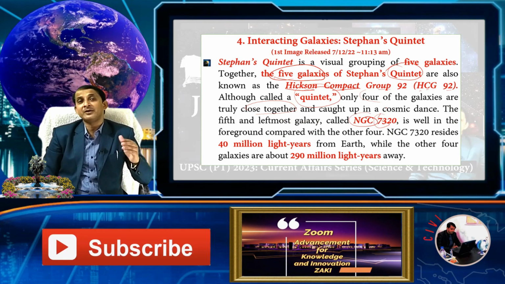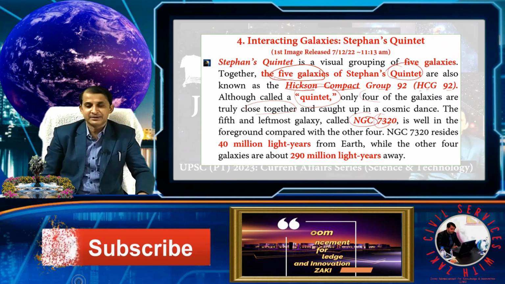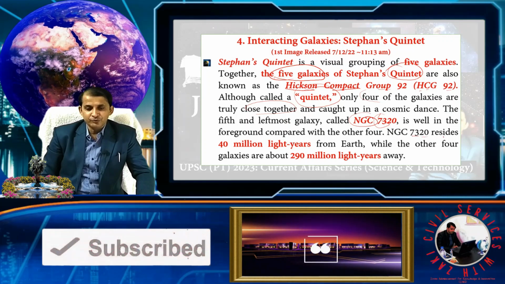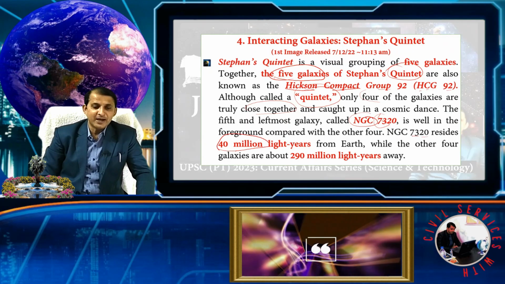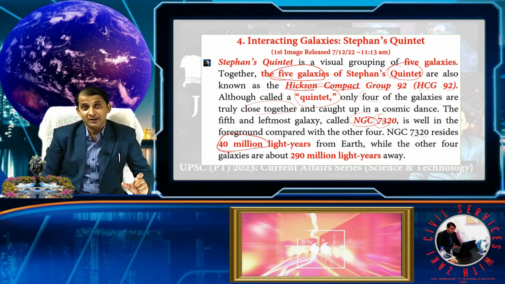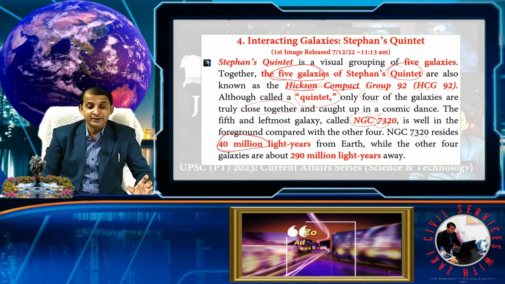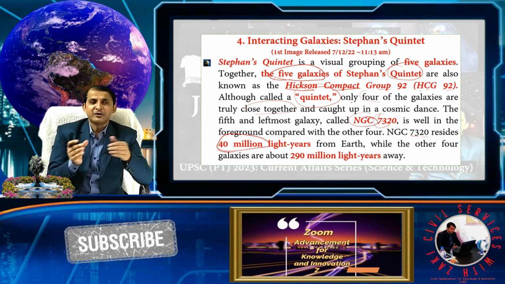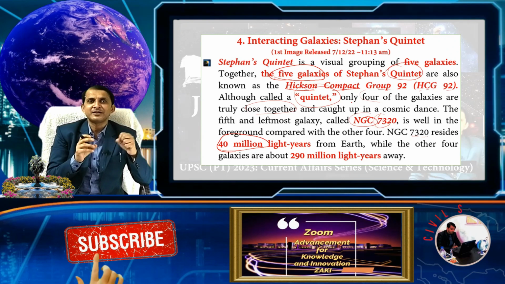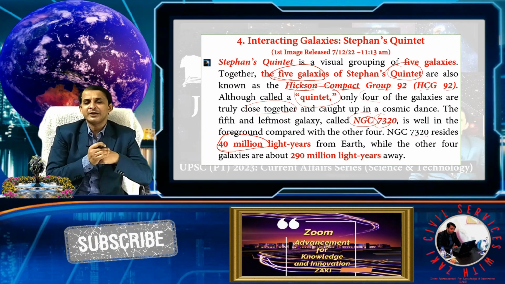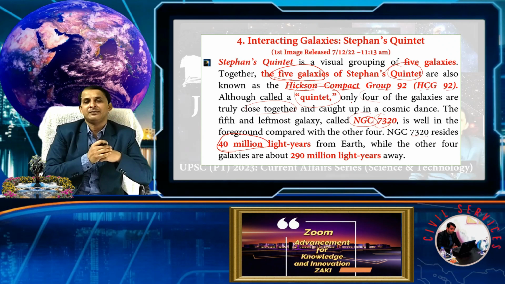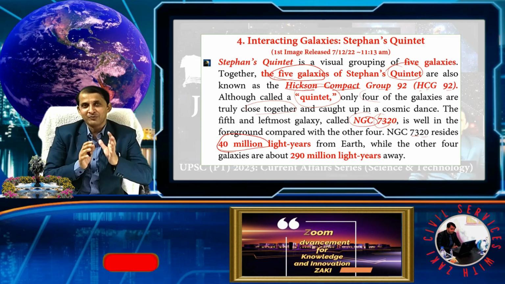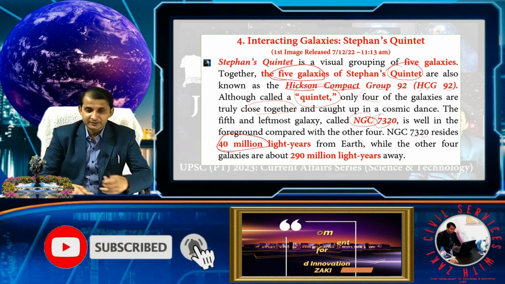This galaxy is very far from the other group of 4. NGC 7320 resides about 40 million light years from Earth, and the other 4 are about 290 million light years away. It is a big difference, but in the cosmos this type of difference is not significant, because the universe is very vast. That's why all 5 are called Stephan's Quintet.